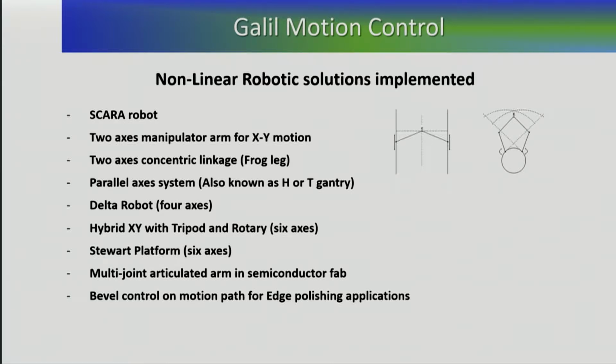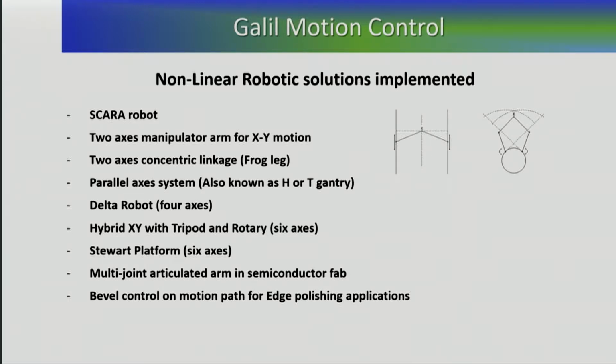You have a 2-axis manipulator arm for XY motion, which allows you to move 2 axes in parallel. You have 1 axis here, a second axis here, and with the manipulator arms and pivot points at 2 locations and the end effector, one is able to produce X and Y motion out of it.